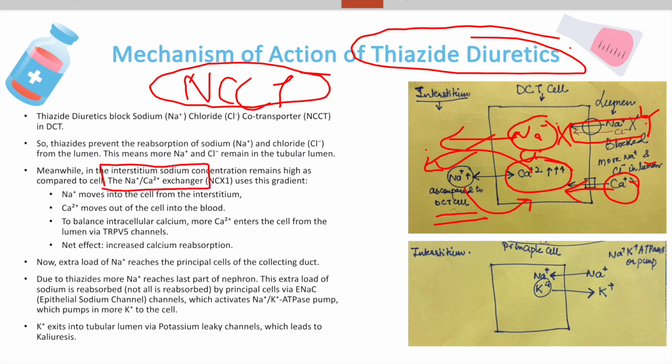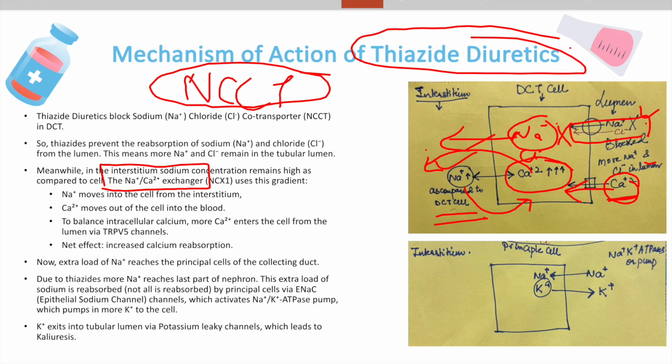The sodium calcium exchanger pumps out calcium into the interstitium, and from the interstitium it moves sodium back into the distal convoluted tubular cell. This is how these thiazide diuretics increase the reabsorption of calcium from the lumen.